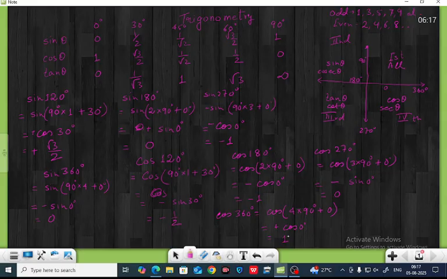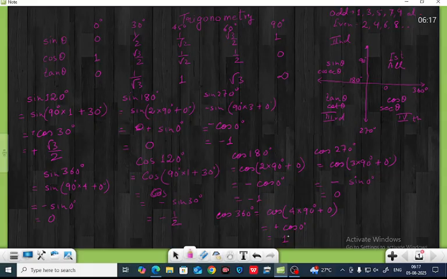Here you find what we got. The value of cos 120 degrees is minus 1 by 2. The value of cos 180 degrees is minus 1. The value of cos 270 degrees is 0.